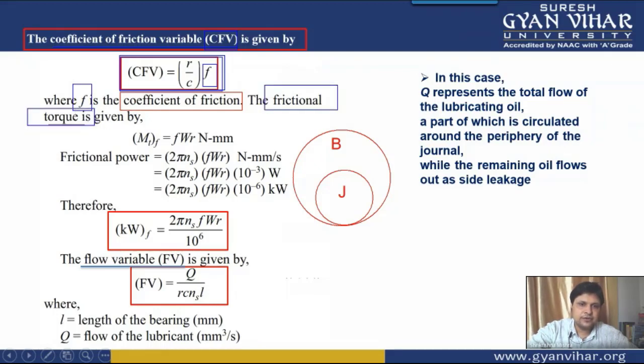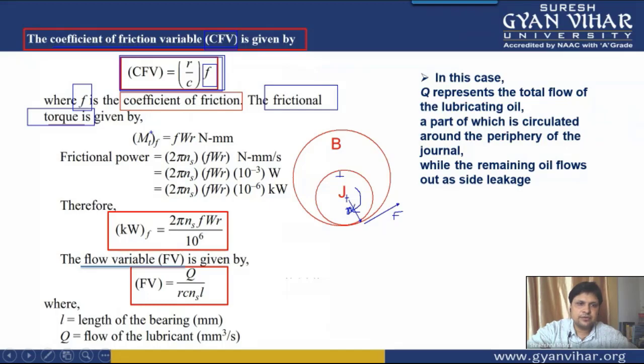Torque: if the friction force is acting, for example, while it is rotating in this way, and the friction force is acting in this direction, then the radius of rotation is this particular distance, which is small r. So this frictional force into this r will give you the frictional torque.